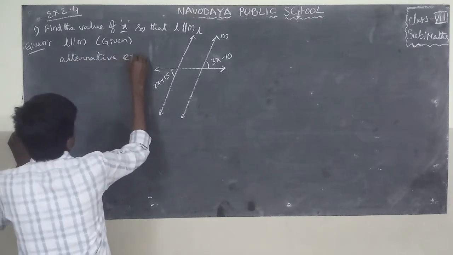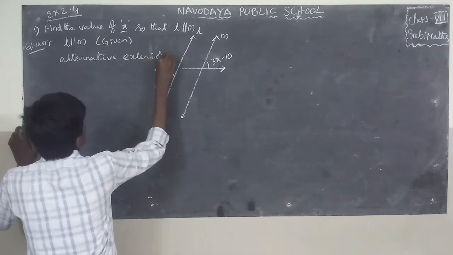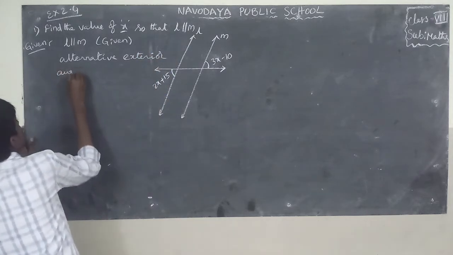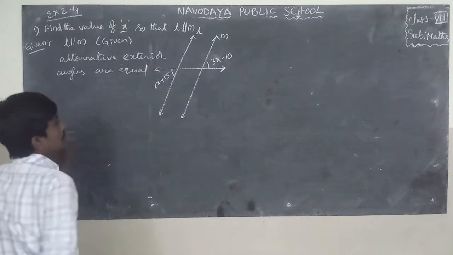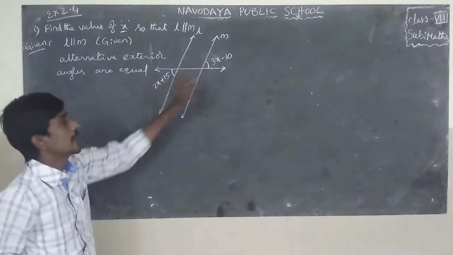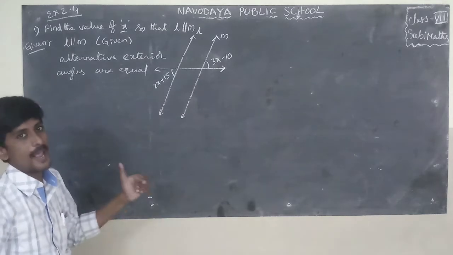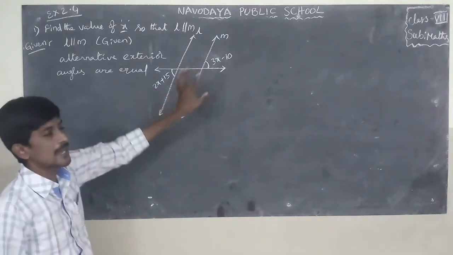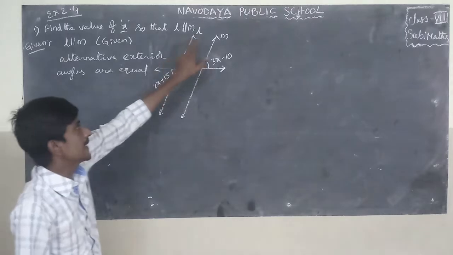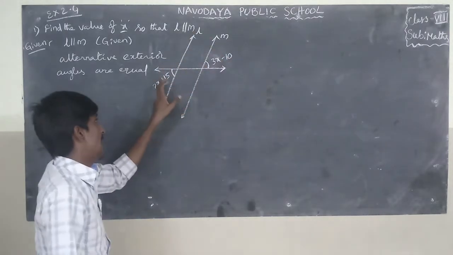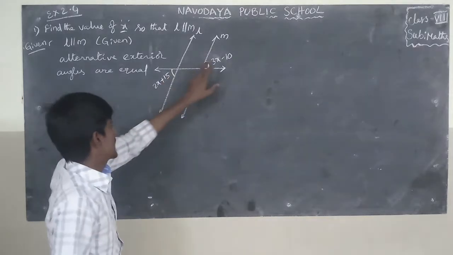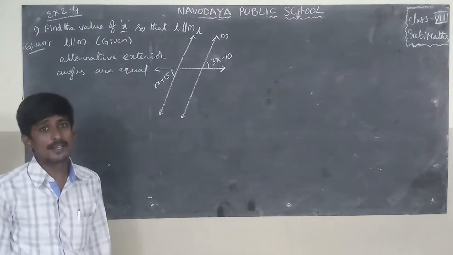Alternate exterior angles are equal. The two angles are equal because L is parallel to M. When L is parallel to M, alternate exterior angles are equal.